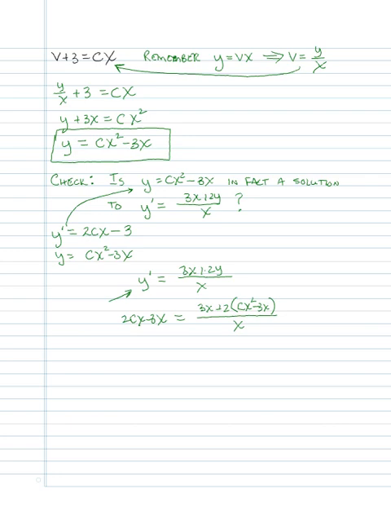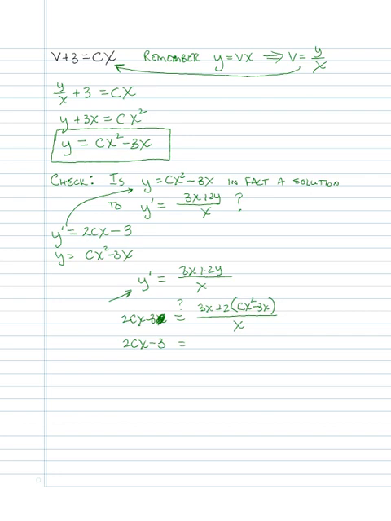Of course, the left side, and I apologize, the left side is 2cx minus 3, not 2cx minus 3x. So we have the left side 2cx minus 3, and we're wanting to know, in fact, that these two are equal.